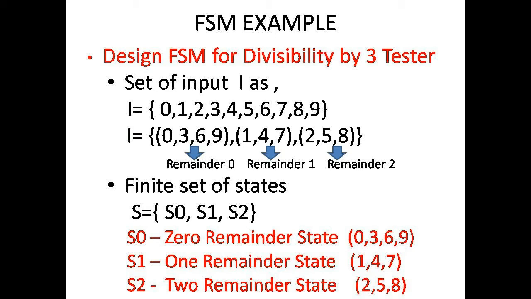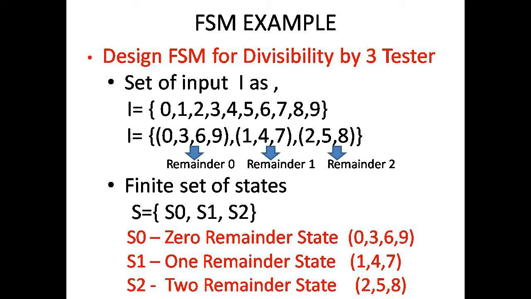In our example, as we divide by 3, we can get at most 3 different remainder values: 0, 1 and 2. If we get 0 as a remainder, the decimal number is divisible by 3 and the tester should produce the output 1. And if the remainder is 1 or 2, the tester should produce output 0.